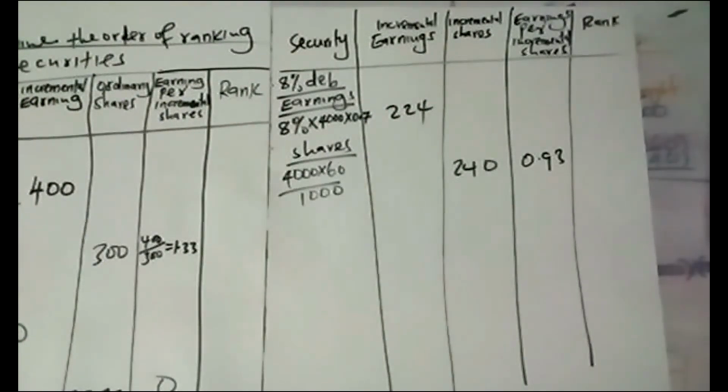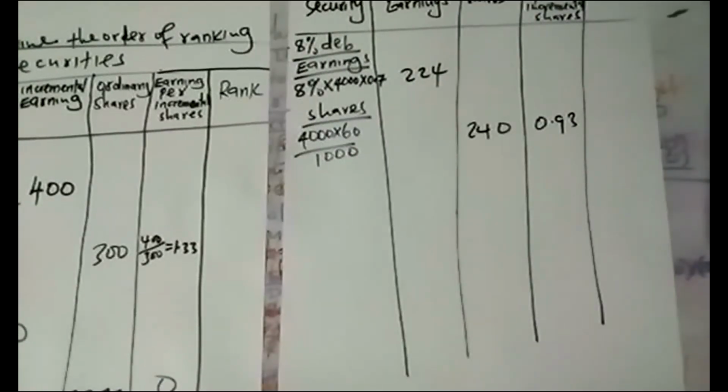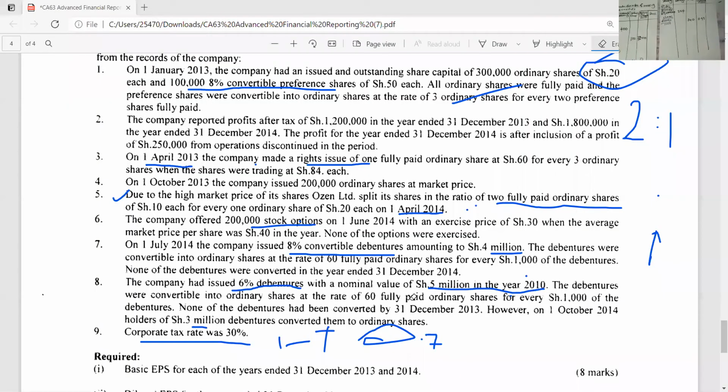So the last security was the 6%, which was issued, 5 million, in 2010. In which proportion were they converting? 60 ordinary, fully paid, for every 1,000.